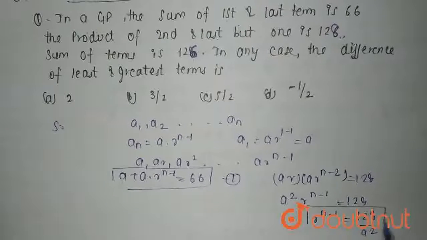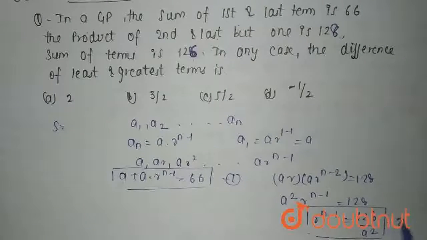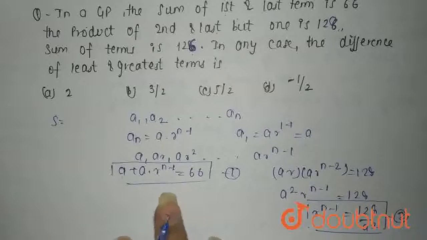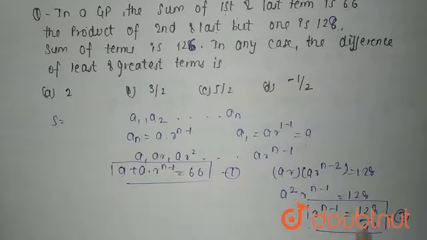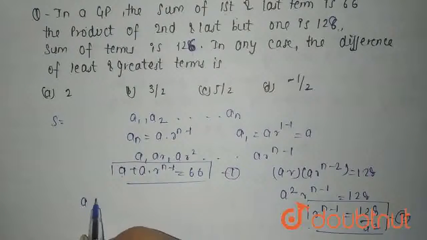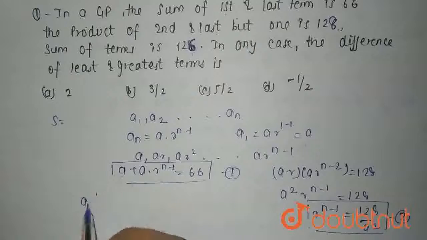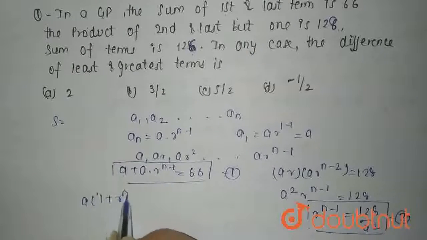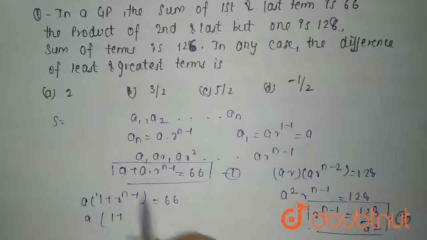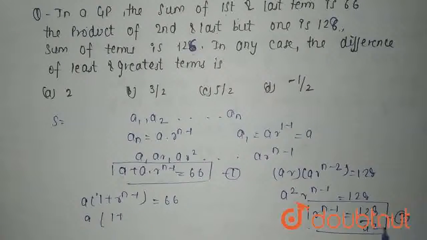So this is your second one. Now putting the value of r^(n-1) from second into first, you have a into 1 plus r^(n-1) is equal to 66. Now a into r^(n-1) can be written as 128 divided by a square.